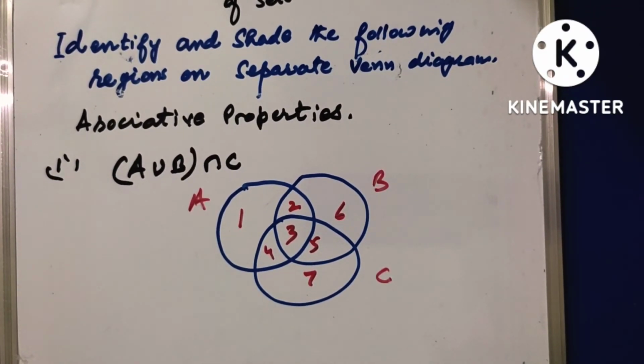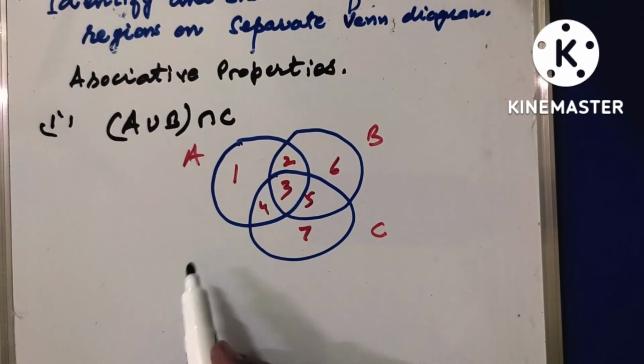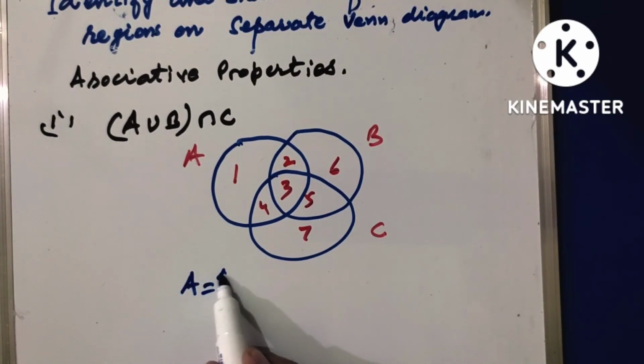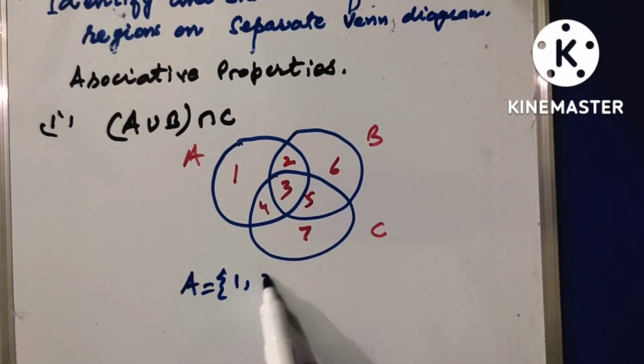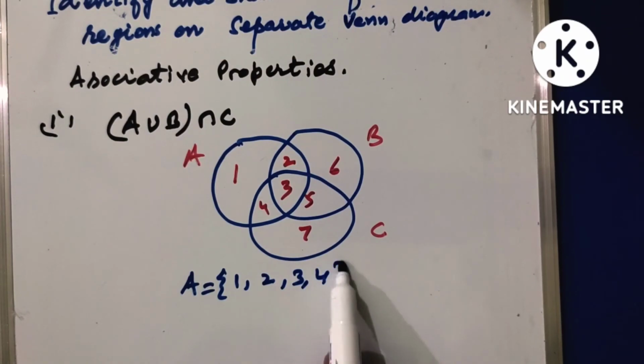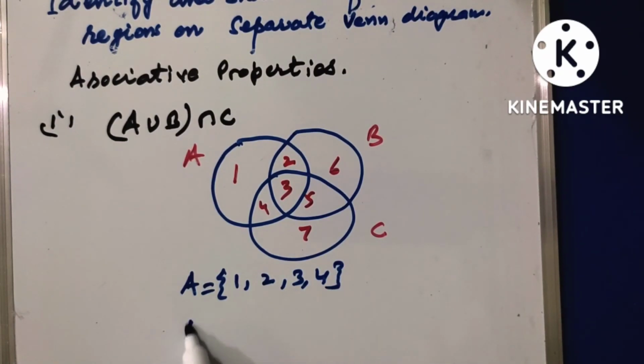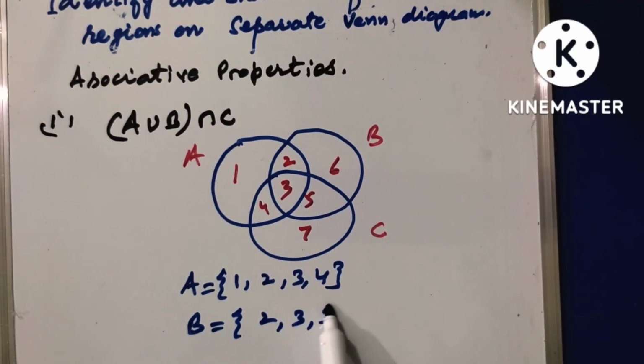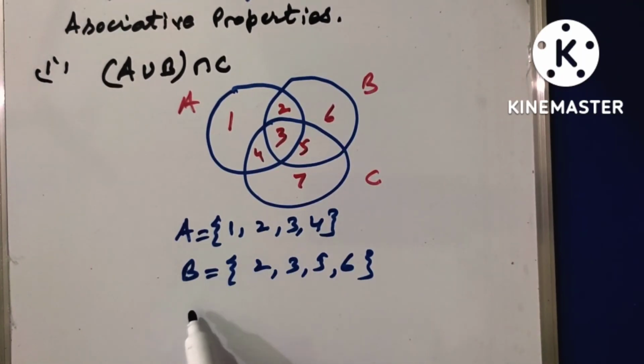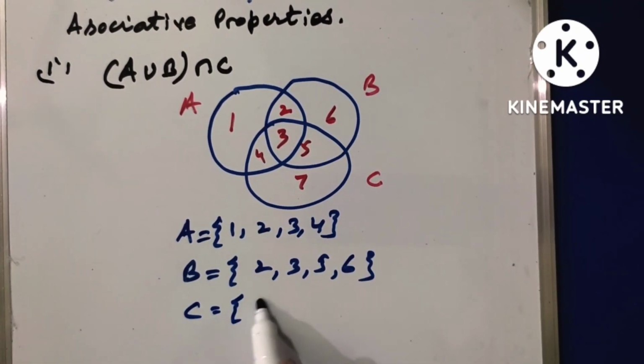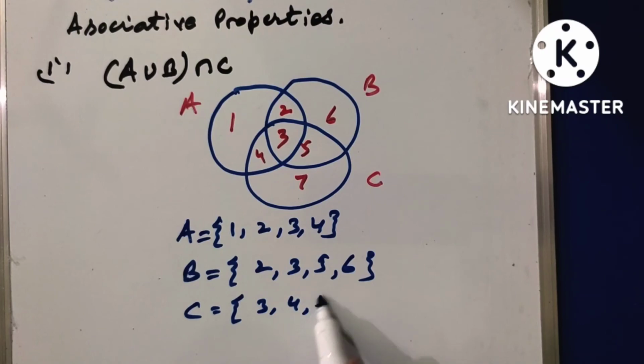Now we have to list them. Set A will be 1, 2, 3, 4. Set B: 2, 3, 5, 6 and set C: 3, 4, 5, 7.